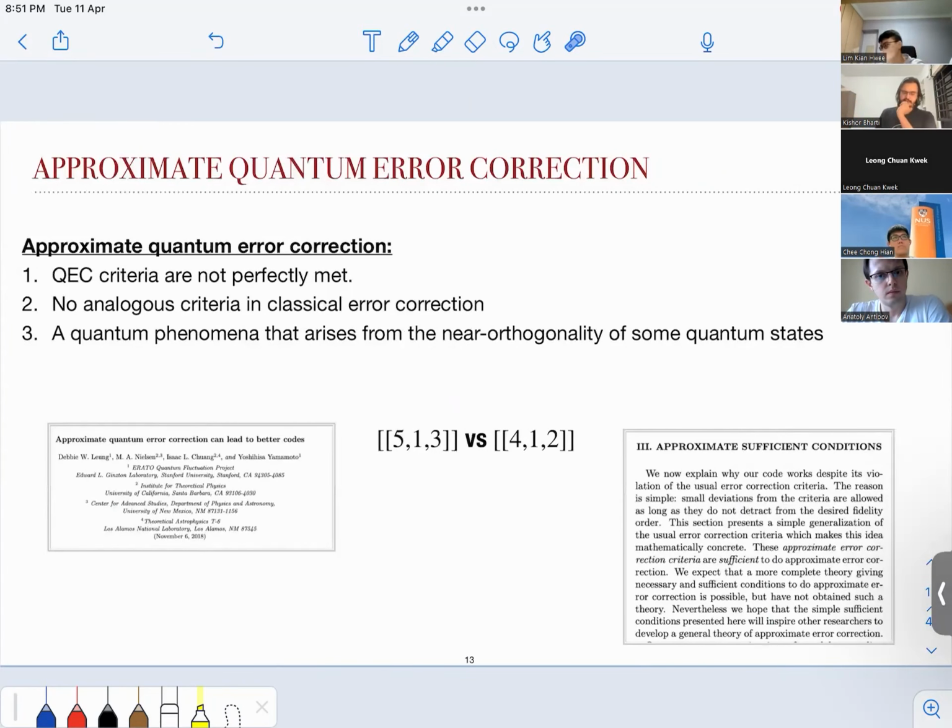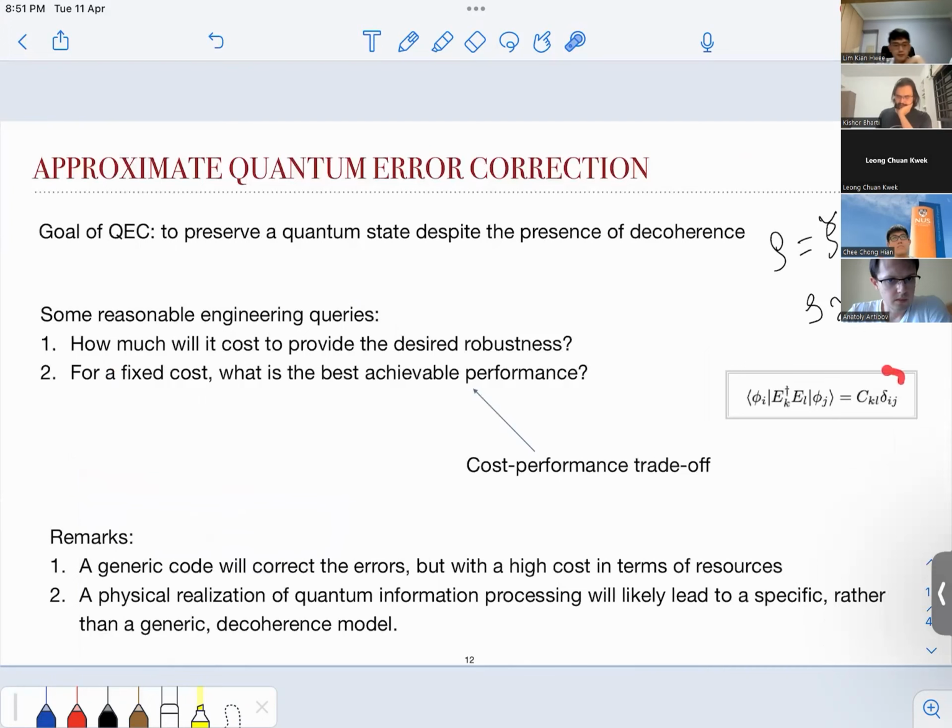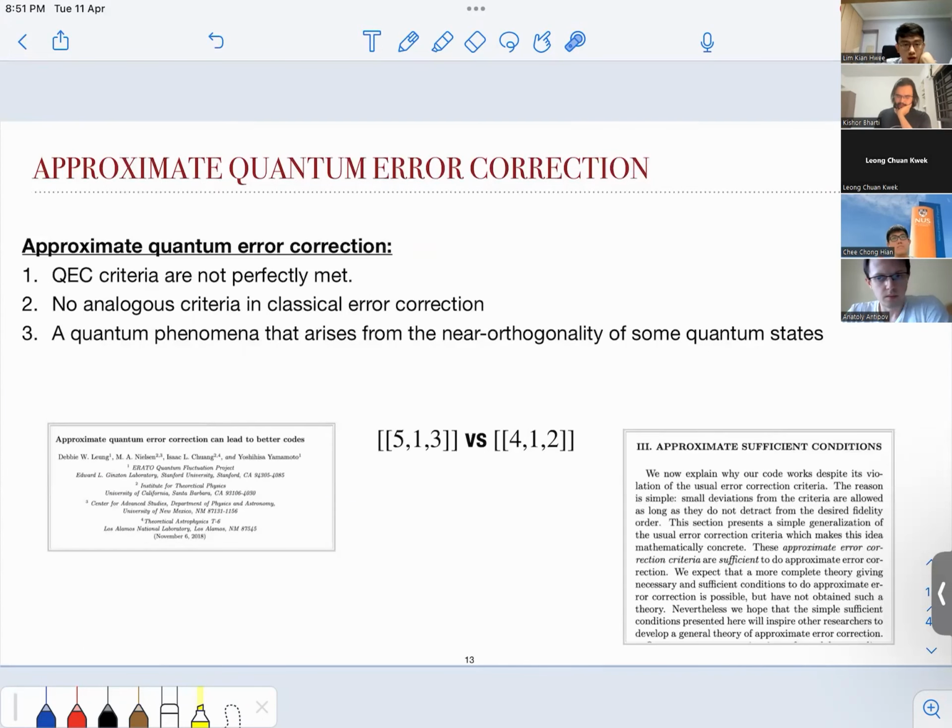So for this, the notion of approximate quantum error correction was developed. Here the QEC criteria that we discussed are not perfectly met.